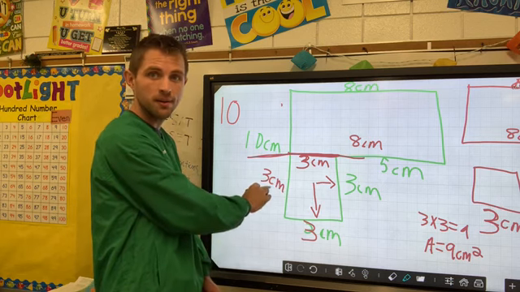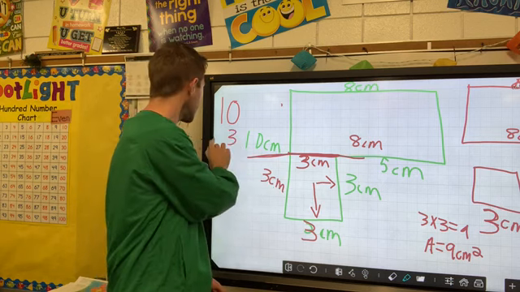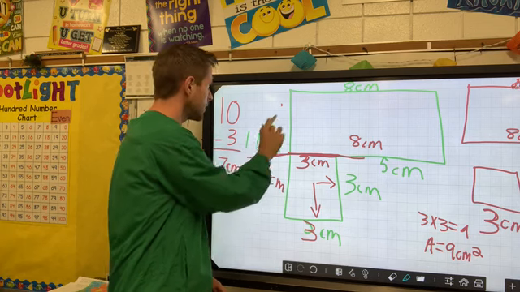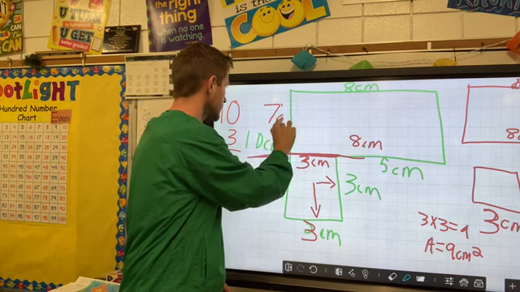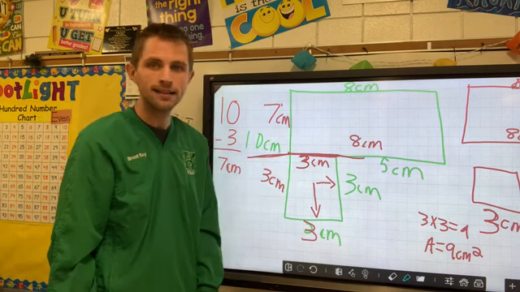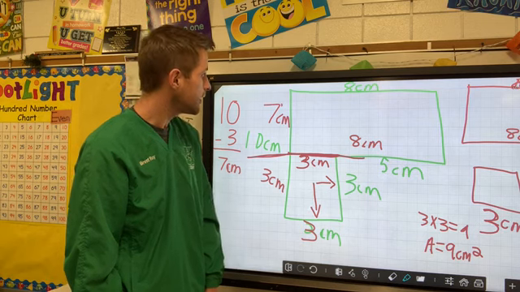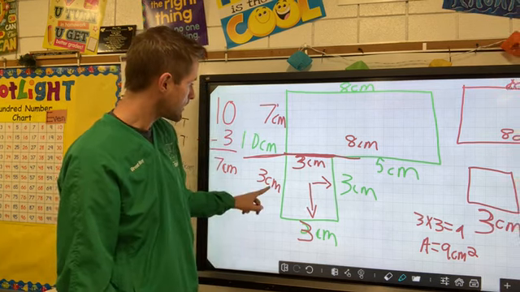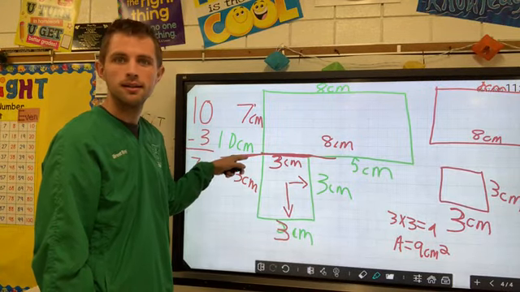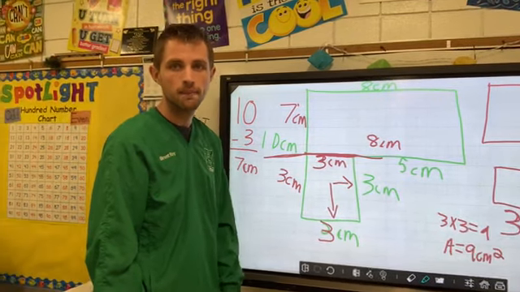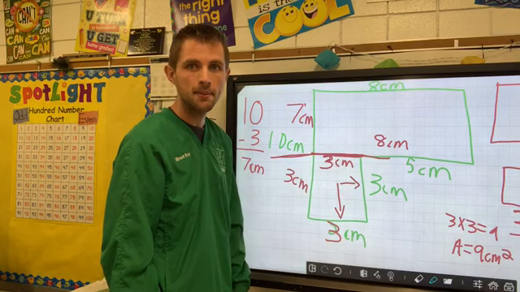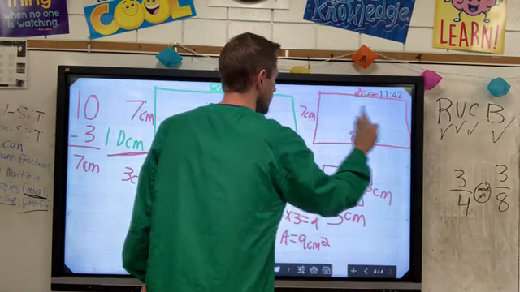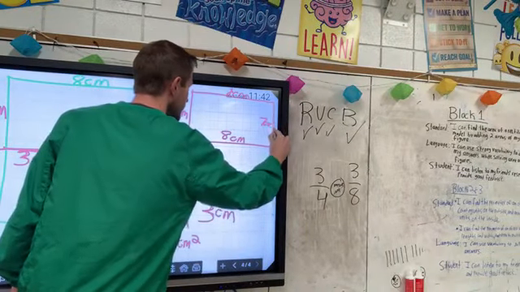Took away 3, right? So 10 take away 3 is 7 centimeters. So my length has got to be 7 centimeters, because 7 plus 3 equals the total of 10. Okay? So over here I'm going to write 7 centimeters.